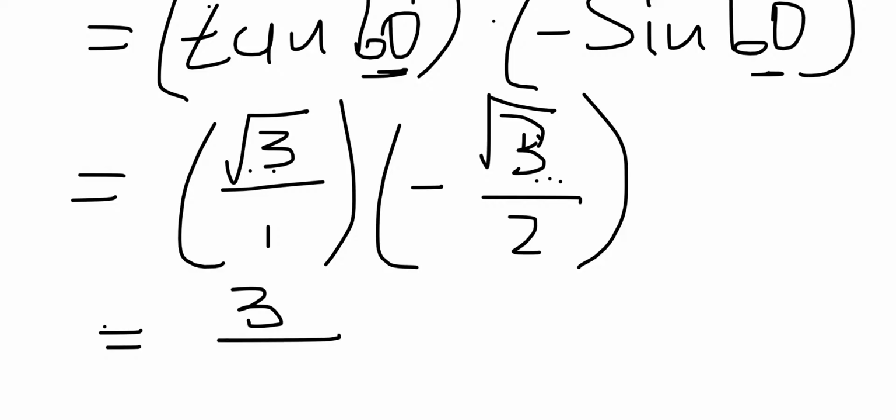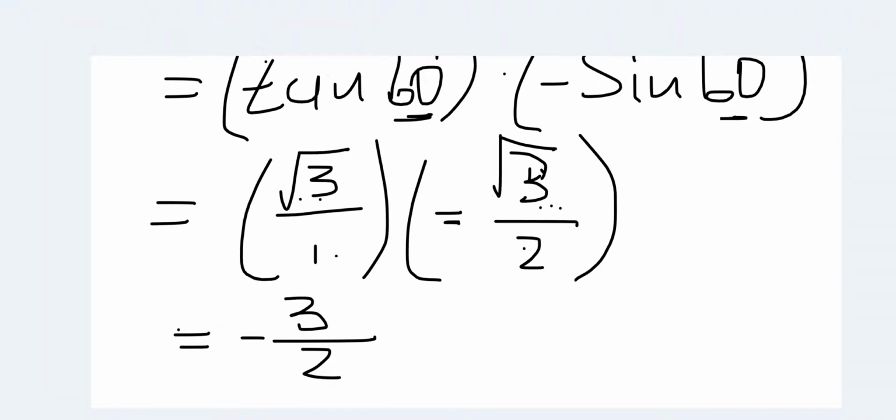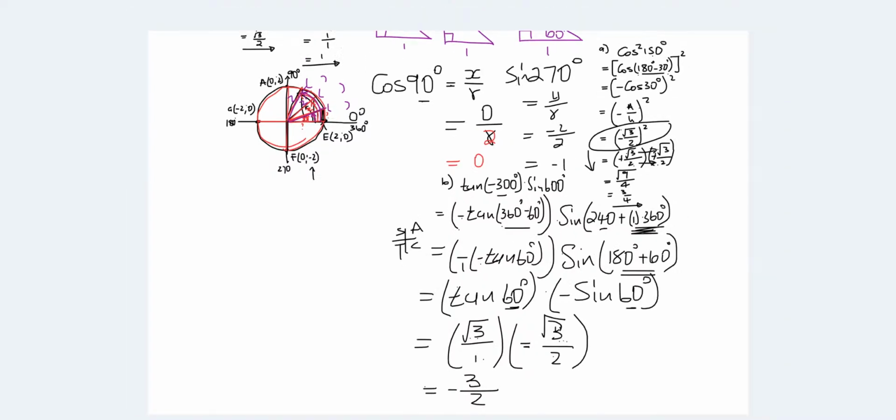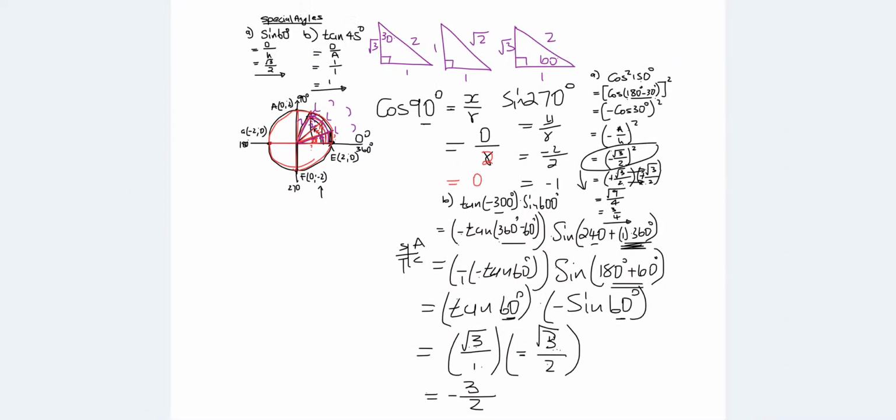But remember, you still have that negative there. That's why you will have to put it there, and then this one multiplying with that 2, it becomes a 2. So you end up having negative 3 over 2, and you leave it there. So that would be the end of it.